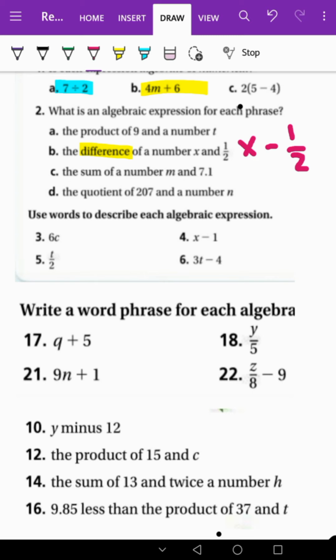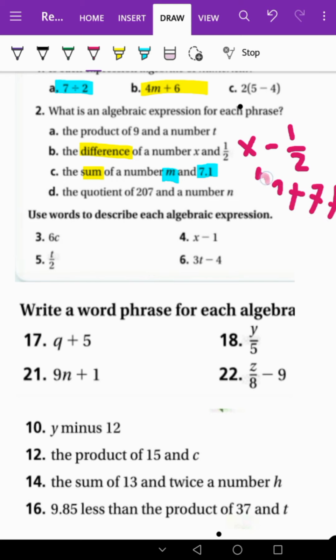What is the keyword here? Sum. And that means the answer of plus. Between what and what? Between m and 7.1. Can you tell me the algebraic phrase now? m plus 7.1. Thank you.